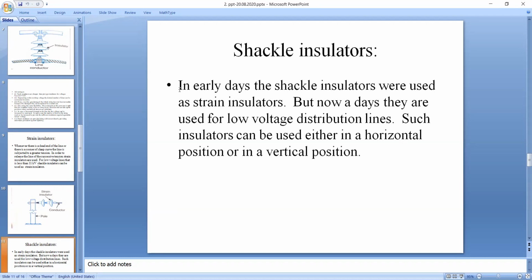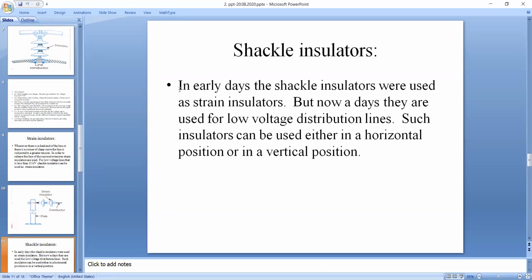Such insulators can be used either in a horizontal position or in a vertical position. So shackle insulators are used for low voltage distribution lines, but ultimately these are nothing but your suspension type insulators only. And these can be placed either horizontally, like your strain insulators, to relieve the line of excessive tension, or they can be placed in a vertical position so that they can perform like your suspension type insulators.